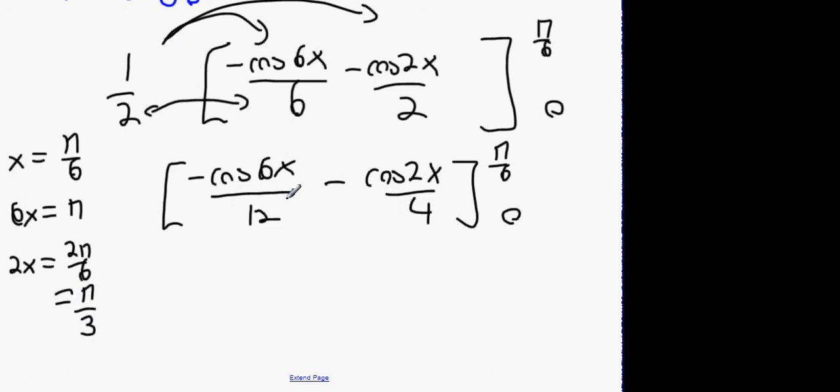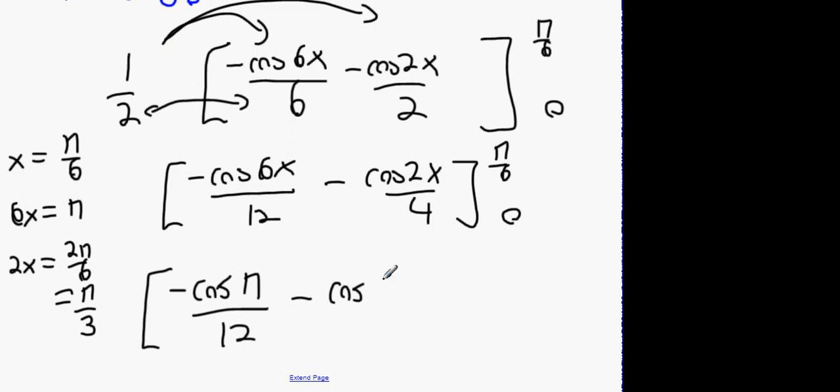So look at this, guys. We're going to put in both limits now. The first one's going to turn into minus cos, what's 6x again? Pi, all over 12. And this one's also going to turn into cos pi over 3, all over 4.